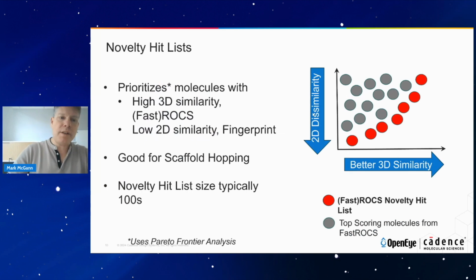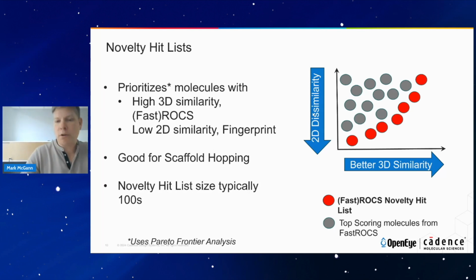And what we do with the novelty hit list is we prioritize molecules that have high 3D similarity, using those Gaussians that I described earlier that ROCS and FastROCS use, but have low 2D similarity. So we're trying to prioritize molecules that are different chemotypes, but still have the same shape and chemistry.